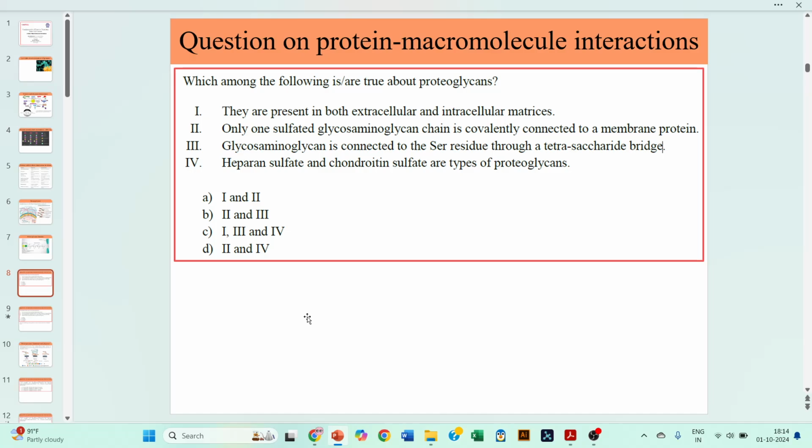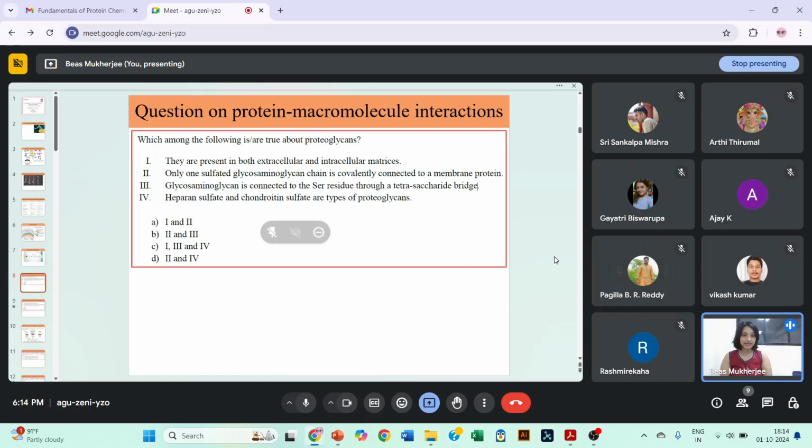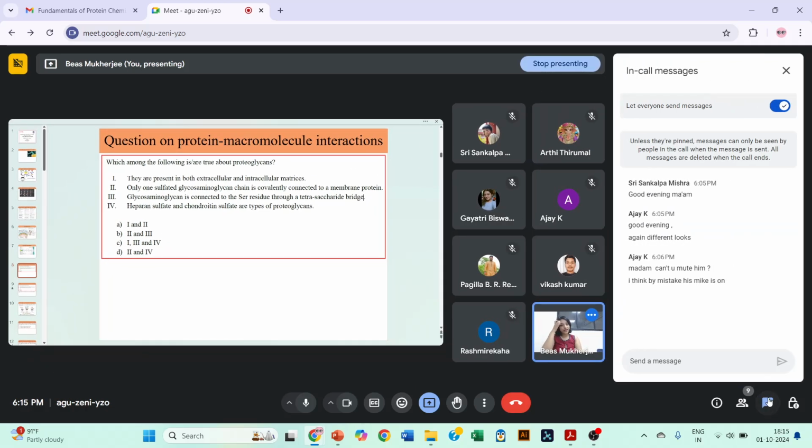Okay, so now we have a question. The question asks you, which among the following is or are true about proteoglycans? You try to answer this, you can write down in the chat box, okay? The first option says they are present in both extracellular and intracellular matrix.